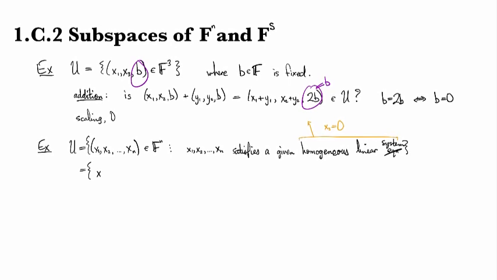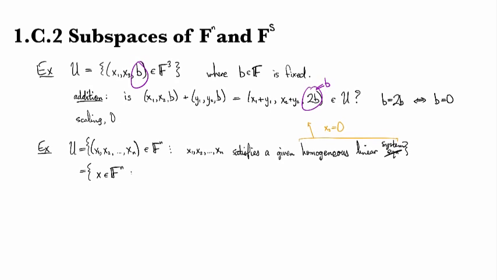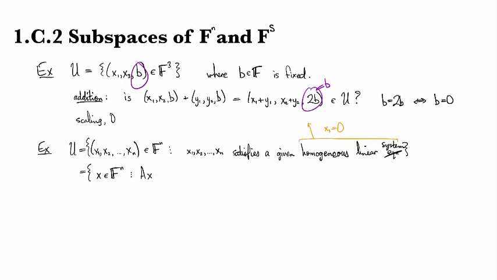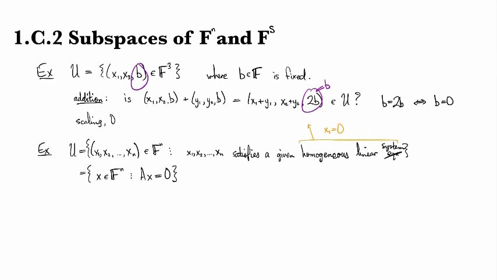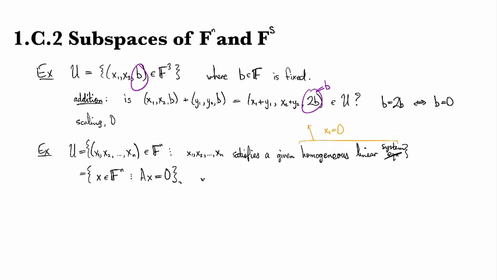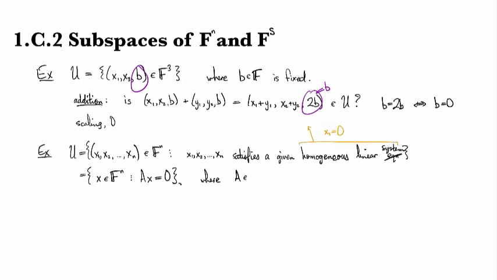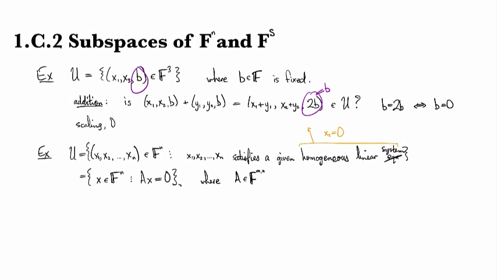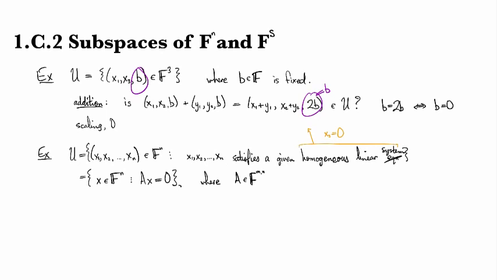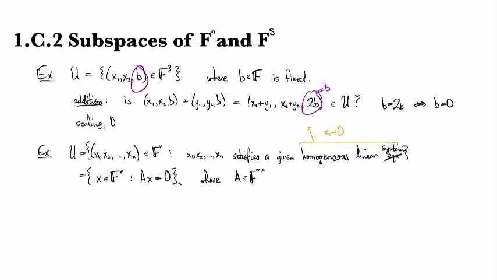For short, I could just say that those are the points of Fn that satisfy Ax equals 0, where now we're doing matrix multiplication, and A is going to be some fixed m by n matrix that allows us to encode our system of equations.